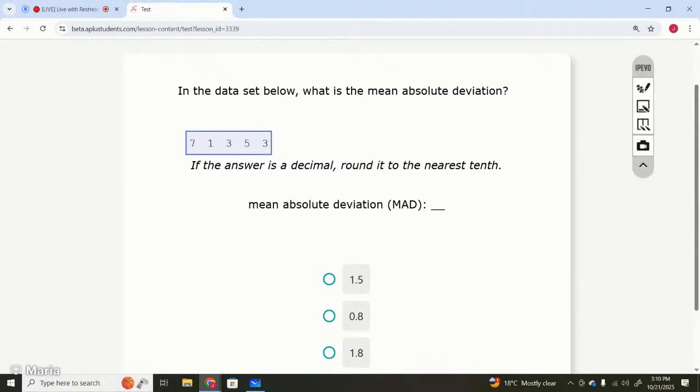In the dataset below, what is the mean absolute deviation? You need to calculate the mean.